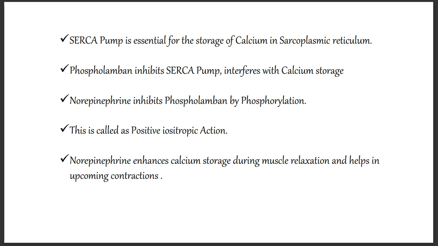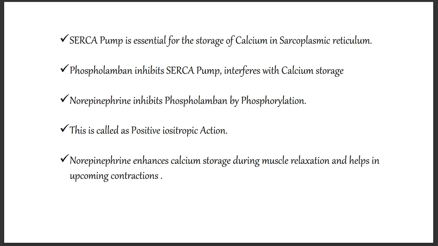contraction of muscle. So you have things which can promote contraction of muscle, things like norepinephrine. Norepinephrine is going to inhibit phospholamban by making it phosphorylated, meaning adding a phosphate to phospholamban, and then it will cause it to not work.